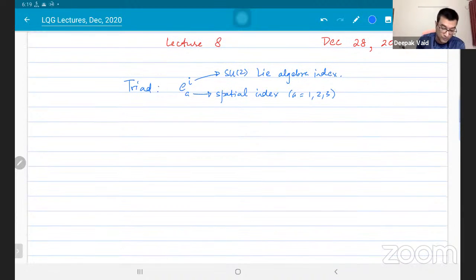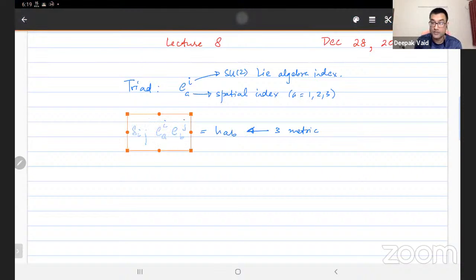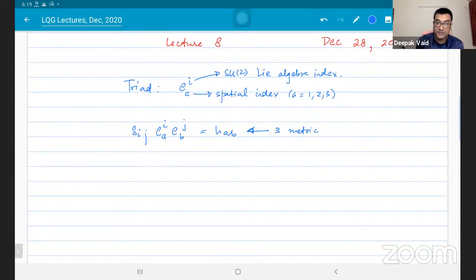So you can construct the 3-metric by taking the inner product of these vectors on the internal space, in the same way that you could construct the 4-metric by taking the inner product of the tetrad.